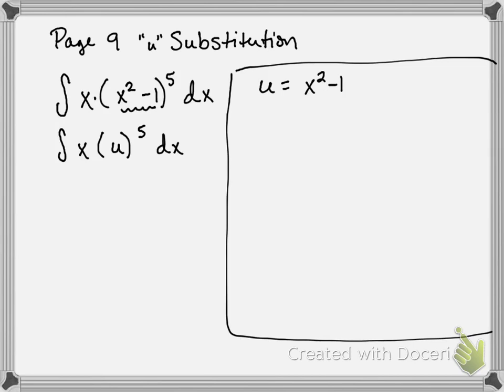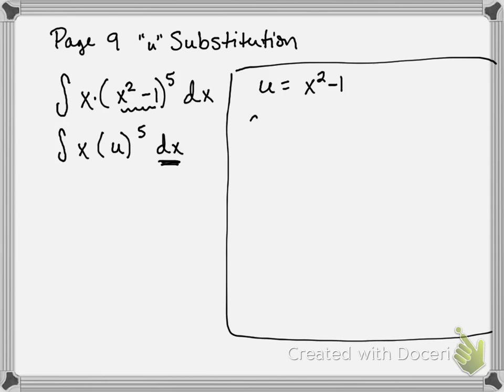Now, what we really need to do is take this integral with respect to u. So I want to end up with something on the end that's with respect to u and not with respect to dx. How do we do that?